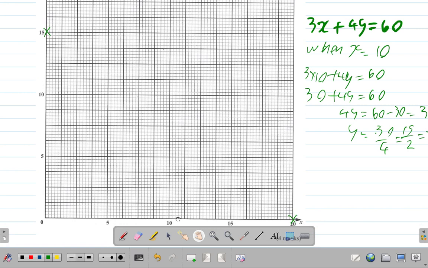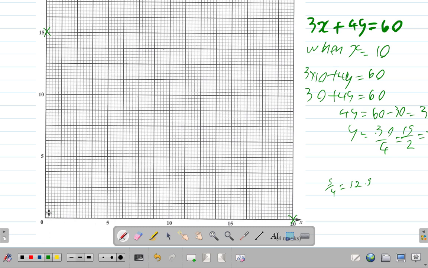So 10 is here. I go 5, 6, 7, 8. If you want to find 7.5, let's count between 0 and 5: 1, 2, 3, 4. Each square is really 5 over 4, that's 1.25.